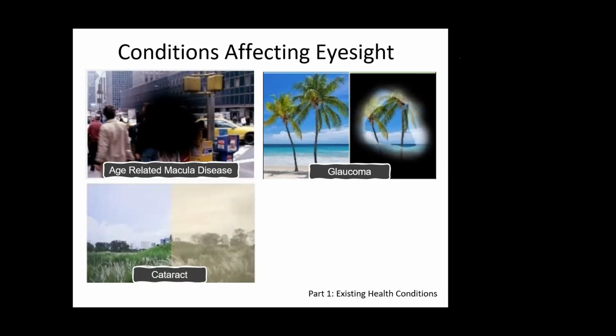Next is cataract. Cataract is due to the lens of our eye becoming cloudy, because inside the lens there is a lot of protein, and when our vision is good, the protein is clear.